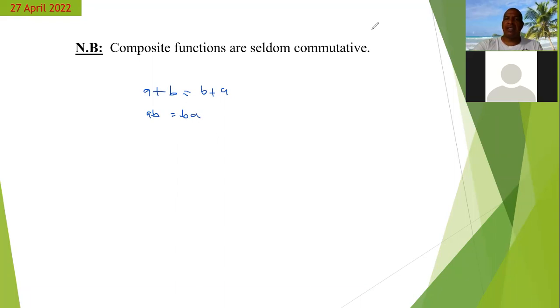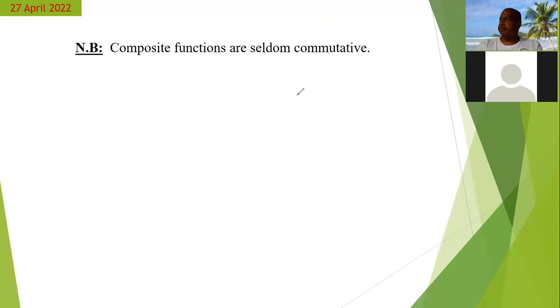Now, why do we say that composite functions are seldom commutative? What that means? Anybody?